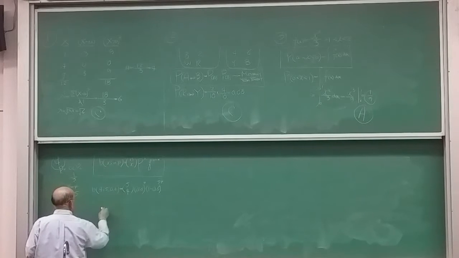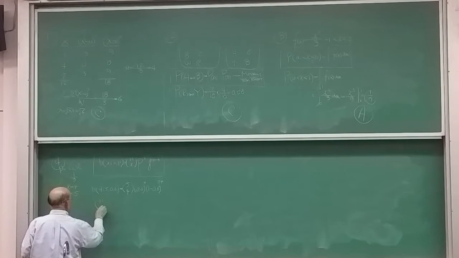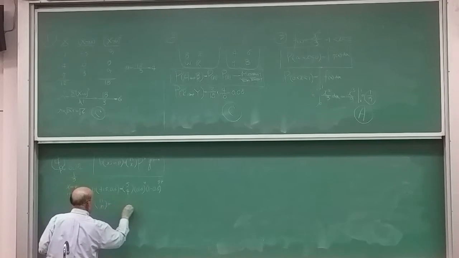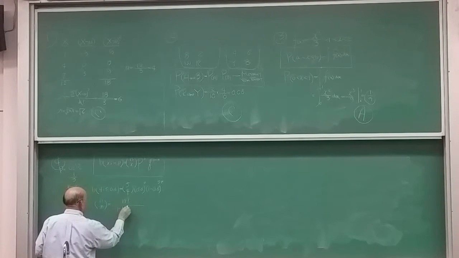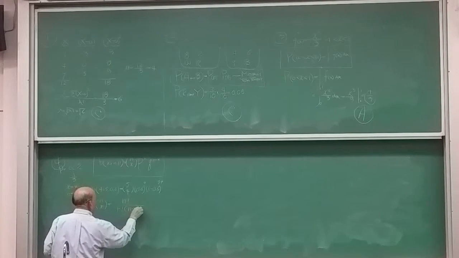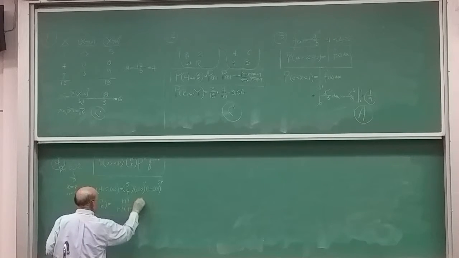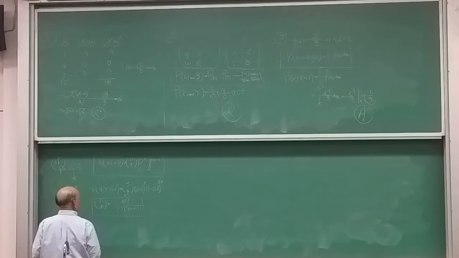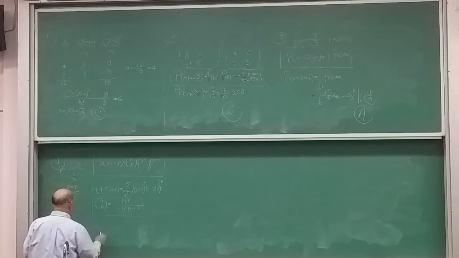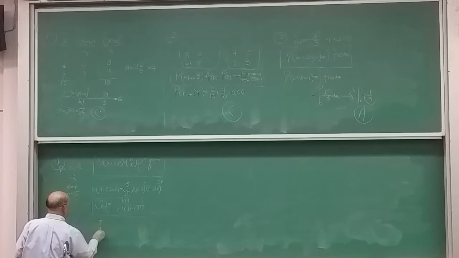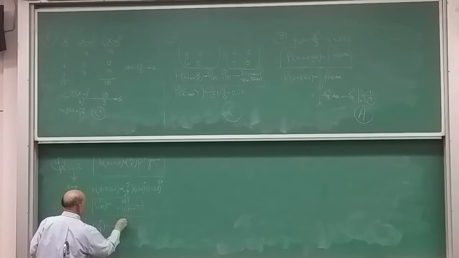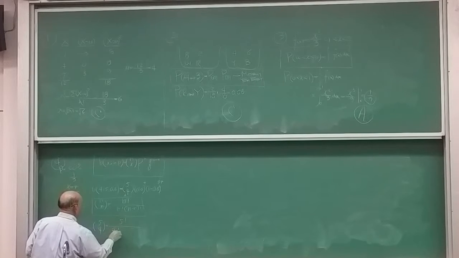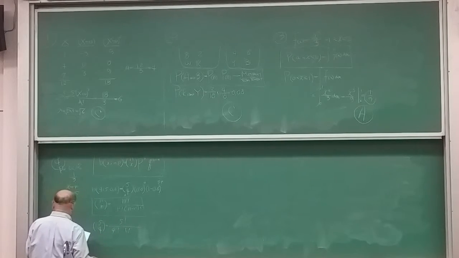Remember that when we have n choose r like this, the formula says it will be n factorial over r factorial times n minus r factorial. To clean that up, 5 choose 4 is equal to 5 factorial over 4 factorial and 1 factorial.